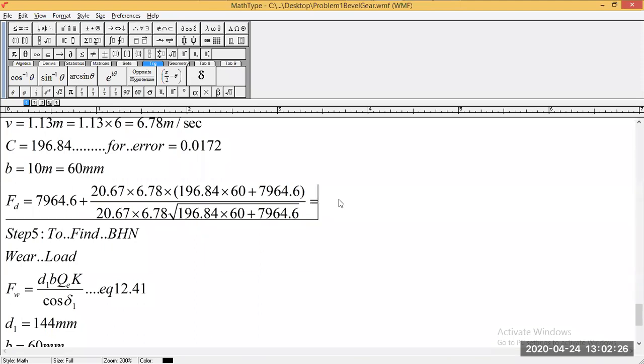Let me work backwards. 7964.6 plus 60 into 196.84 into 6.78 into 20.67, divided by 20.67 into 6.78 plus under the root 196.84 into 60 plus 7964.6.